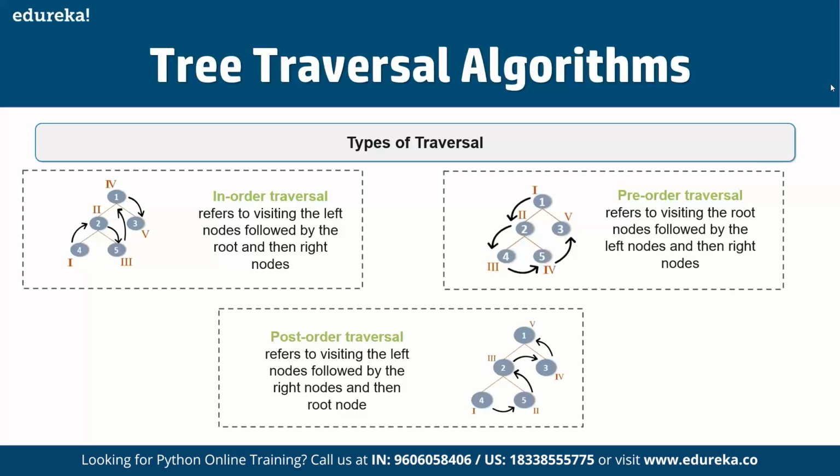To have it as a reference, we can see from this given diagram that 4 is the leftmost node, and hence it is going to be the first node visited.